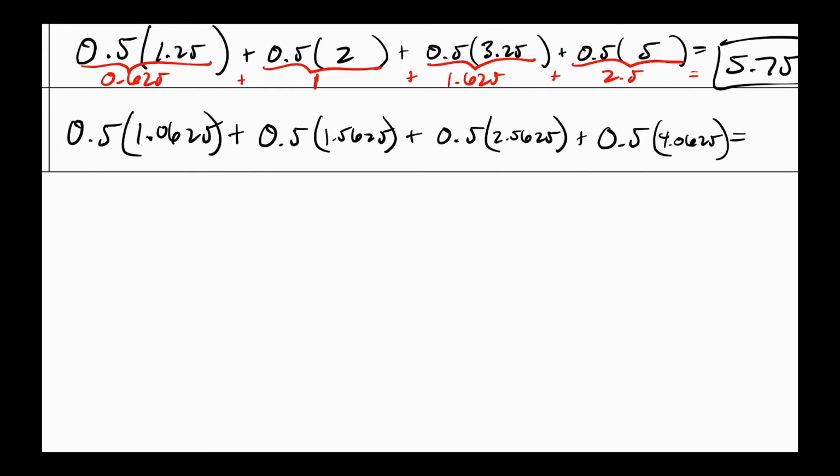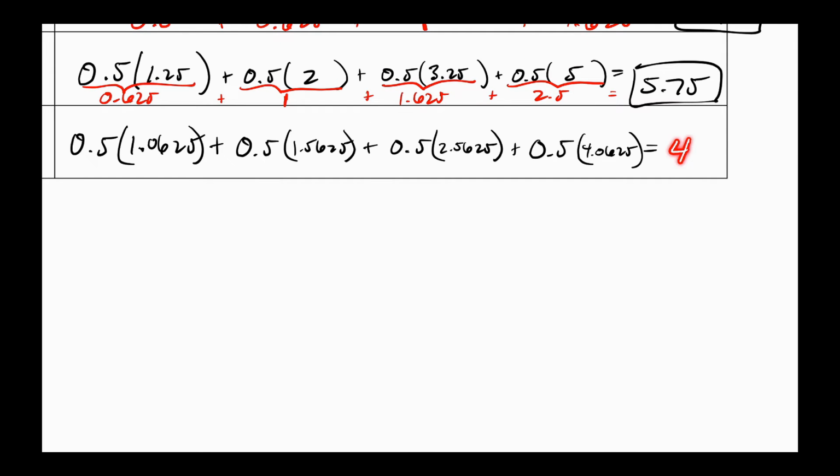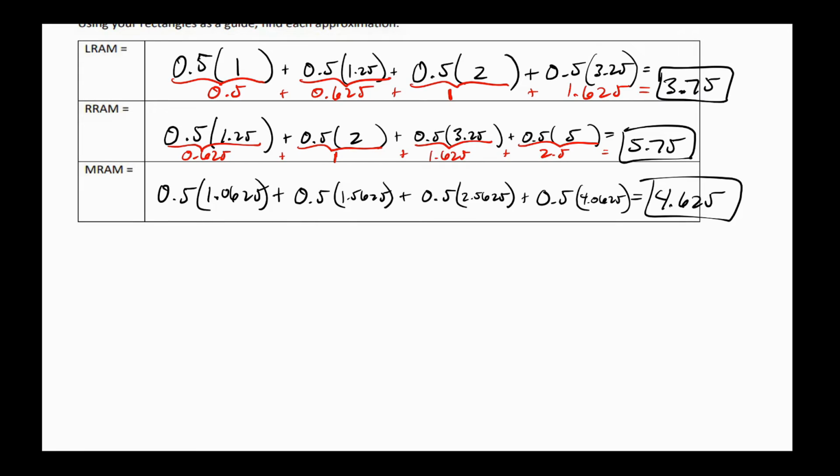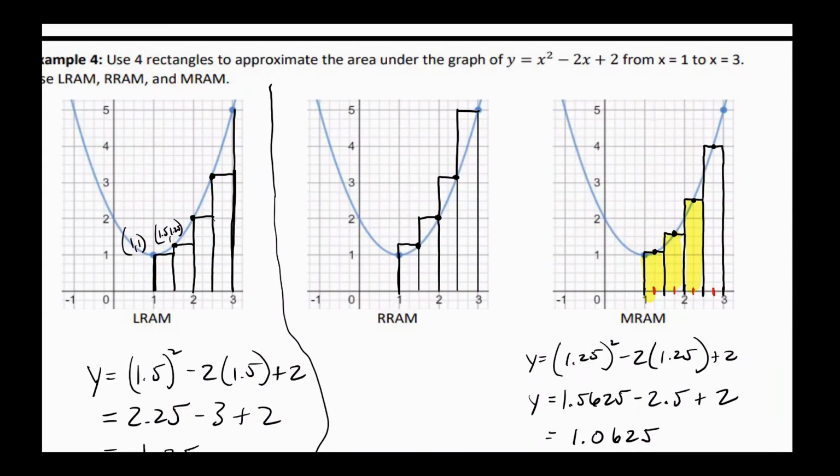Plus 2.5625, 4.0625 times 0.5, and I get 4.625. So that represents all four of the rectangles.